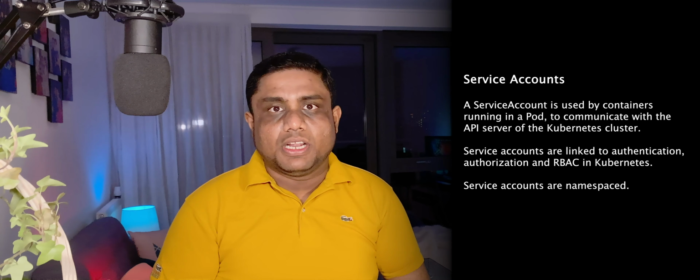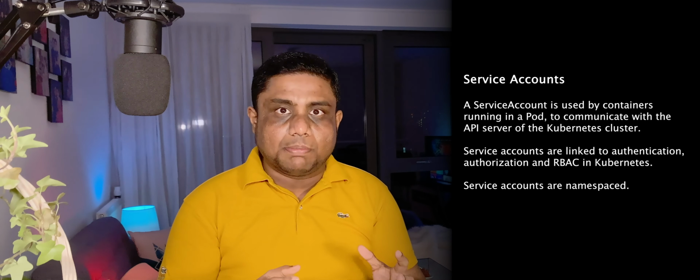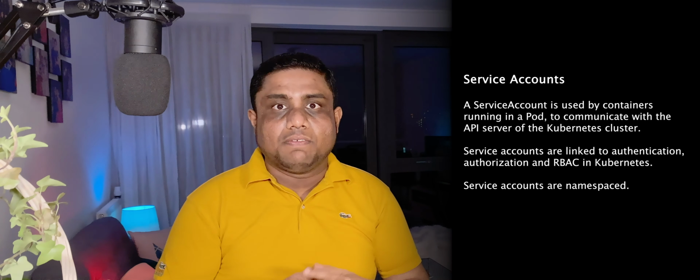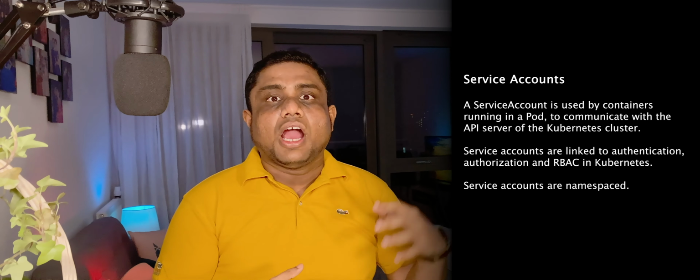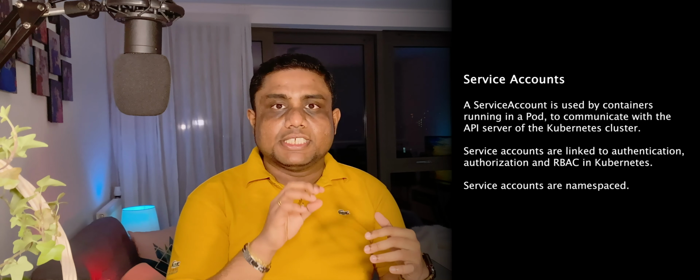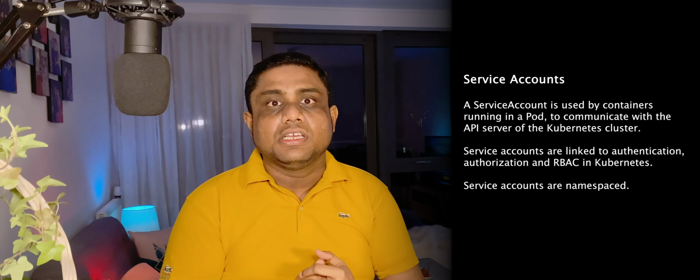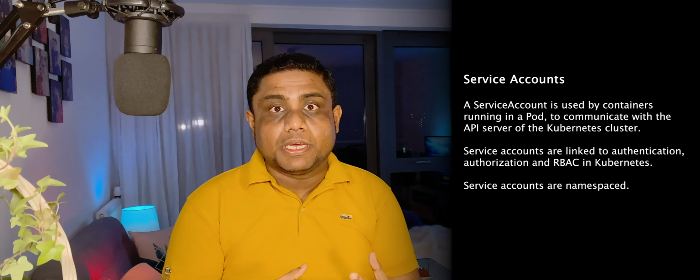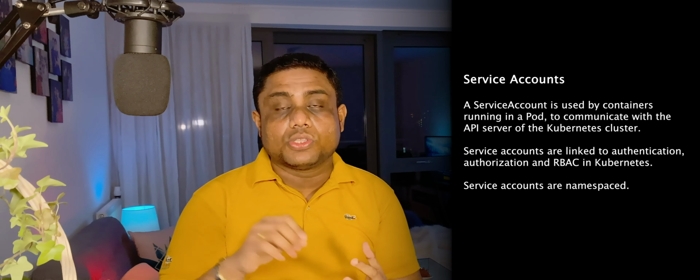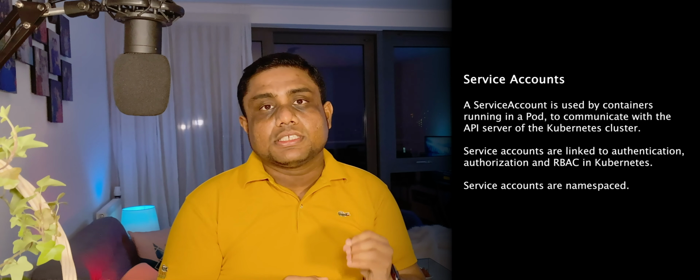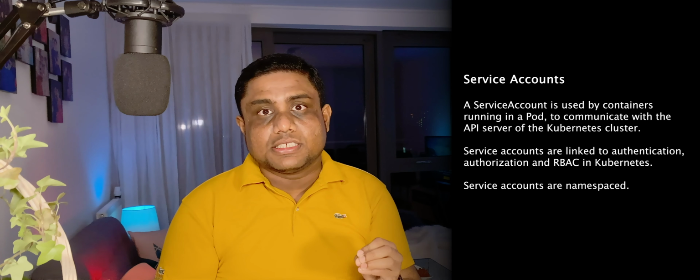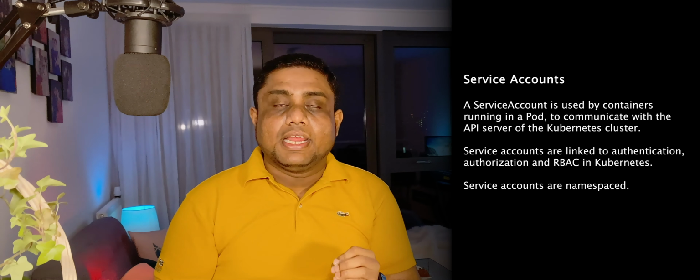As an example, if you have Jenkins set up in your Kubernetes cluster for continuous integration, after building your application, if Jenkins wants to deploy your application automatically into the cluster, Jenkins should have the permission to deploy pods into the Kubernetes cluster. Those permissions can be granted by creating a service account and then creating role bindings for this service account.